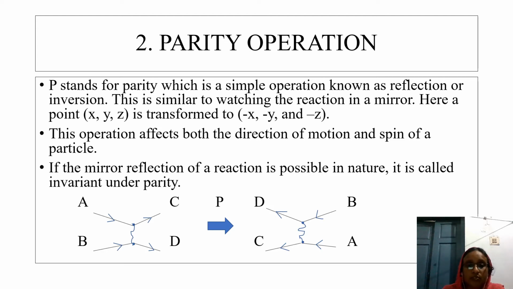The coordinates reverse. That means A comes here and B here. Similarly, C here and D here. Comparing this, you can see how the parity operator affects the interaction. Now, this reaction is also a possible reaction in nature. We can conclude that this reaction is invariant under the parity operation.